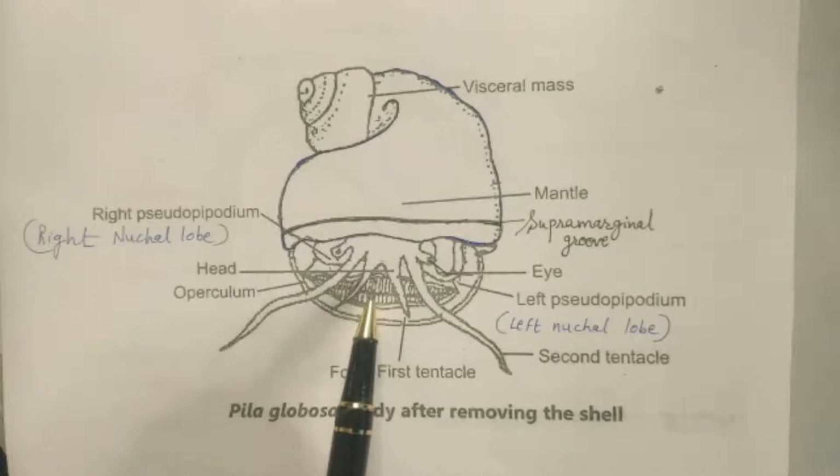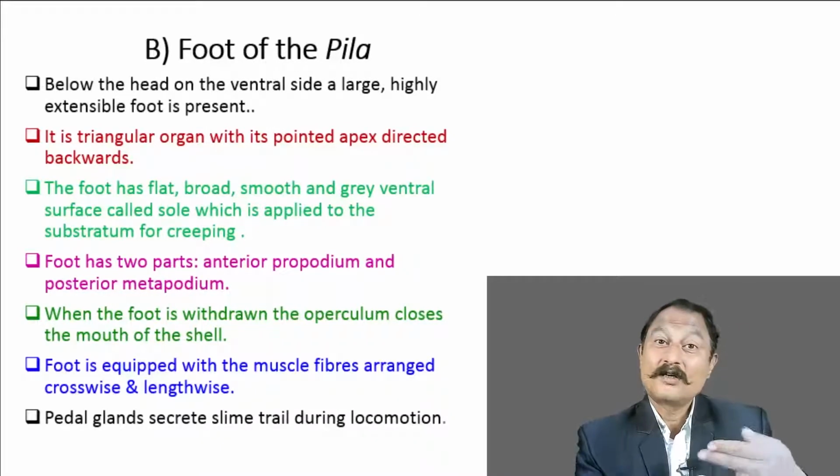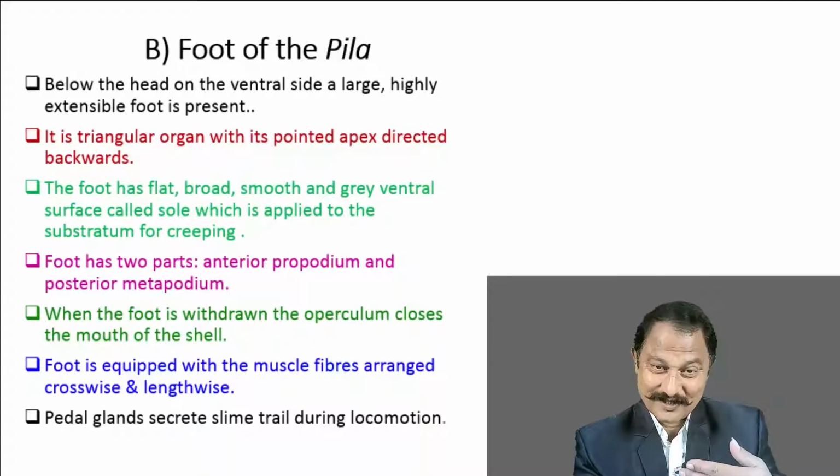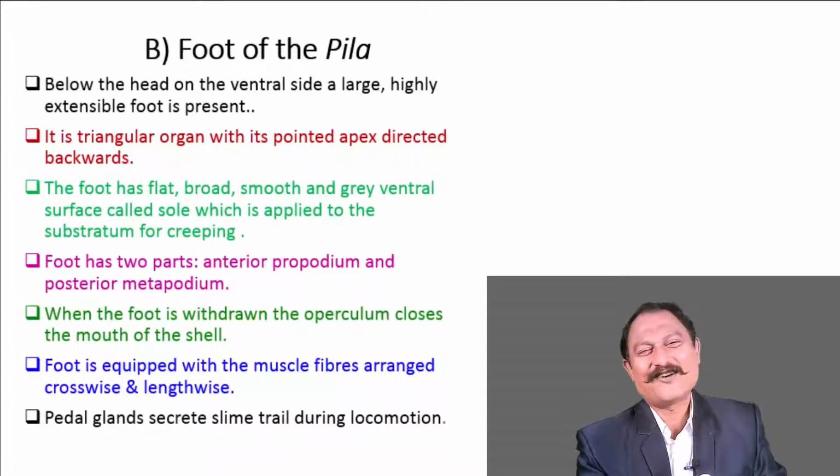That is why when the foot muscles, columnar muscles, are retracted, the operculum attached to the foot can also be retracted, taken inside the shell, and that operculum closes and the whole body can be protected inside the shell very safely.